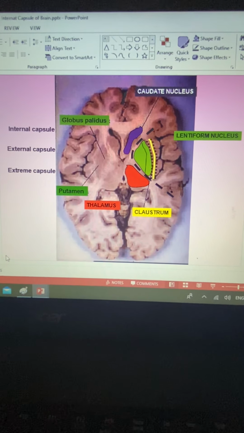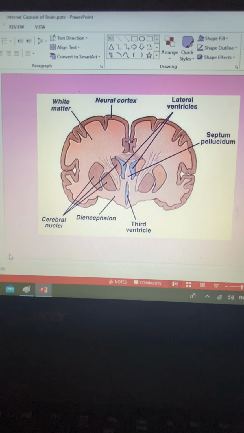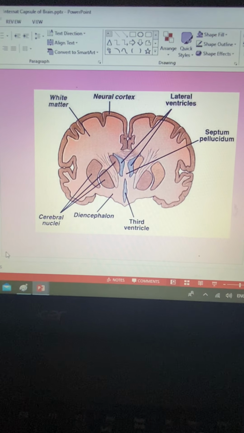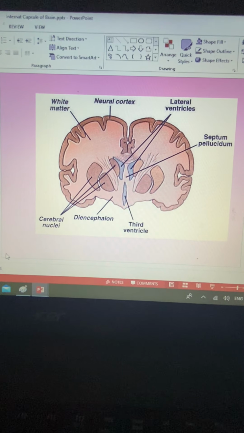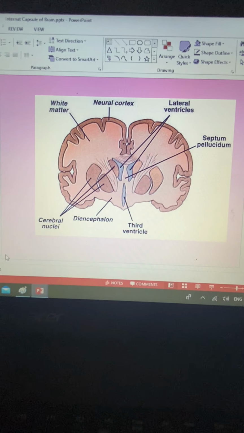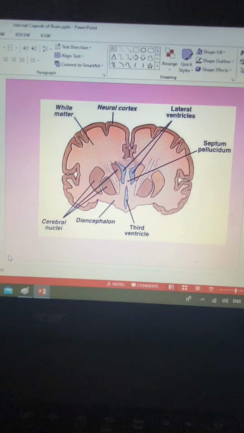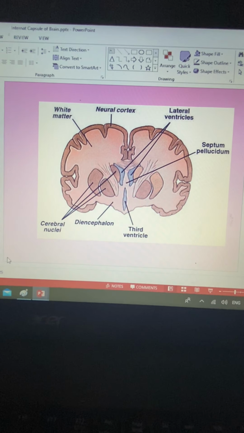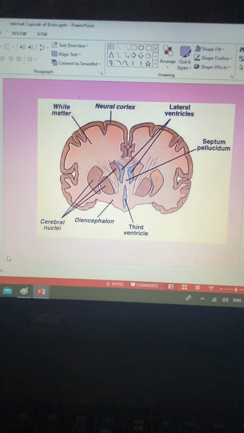Right? Then the internal capsule, external capsule. Here you can see the arrangement of the cerebral nuclei, the diencephalon, the telencephalon. Right? You know the crown is the telencephalon, and the internally hidden part is the diencephalon.